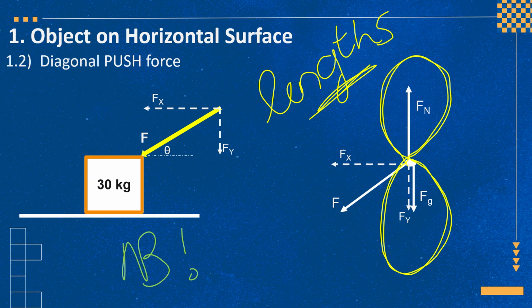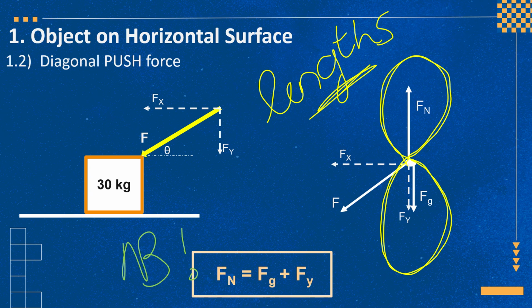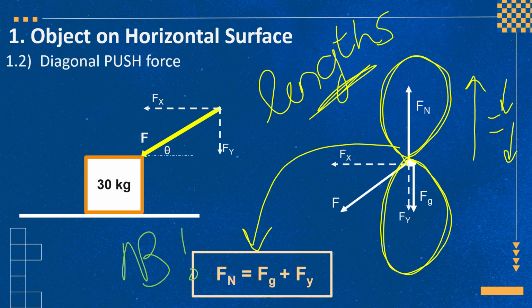But remember, Fn must be equal to Fg plus Fy, and that is why the length of Fn must be equal to the length of Fg plus Fy. Why? Because all the forces up must cancel out all the forces down in order for that object to stay on the surface. And from this, we get this equation for the normal force.